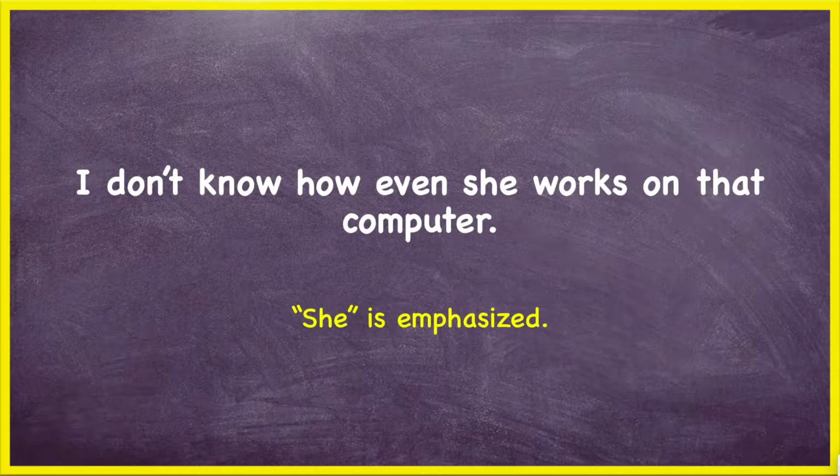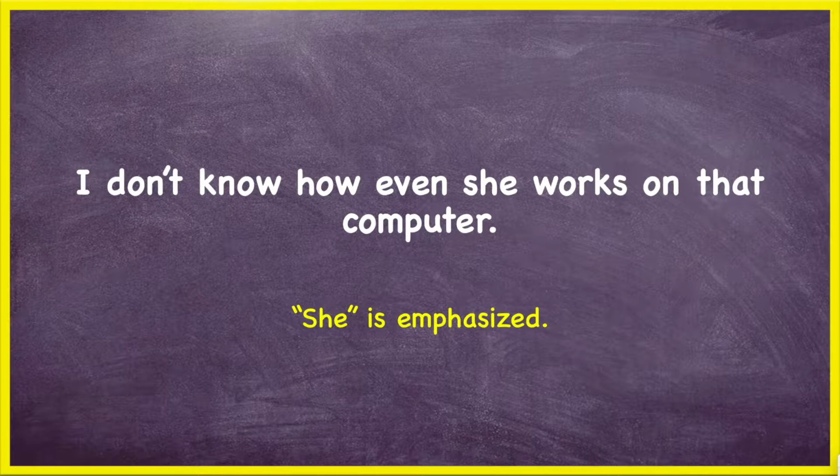I don't know how even she works on that computer. Now here it's directly before the pronoun she, right? The personal pronoun she. And so that is what's emphasized. She is emphasized.